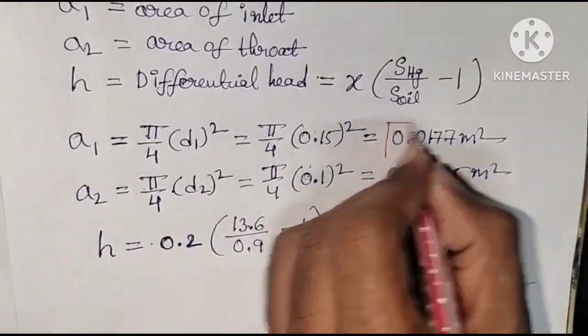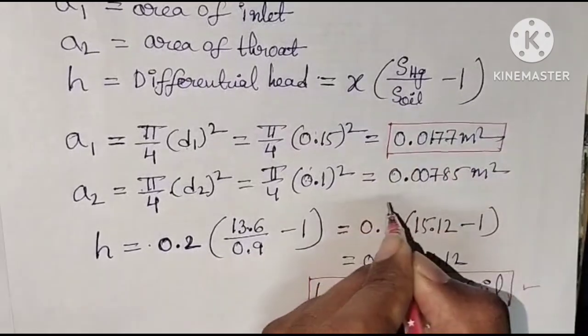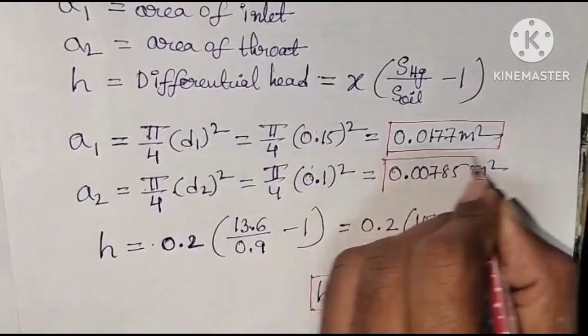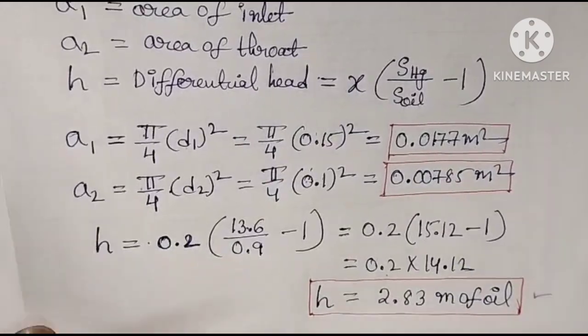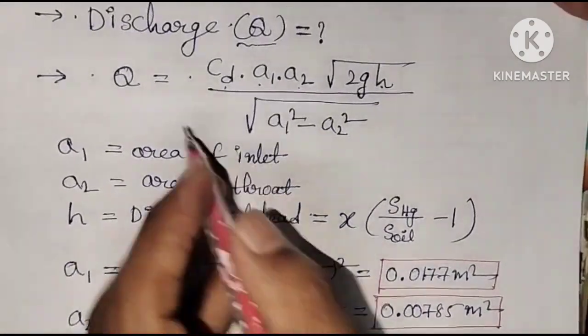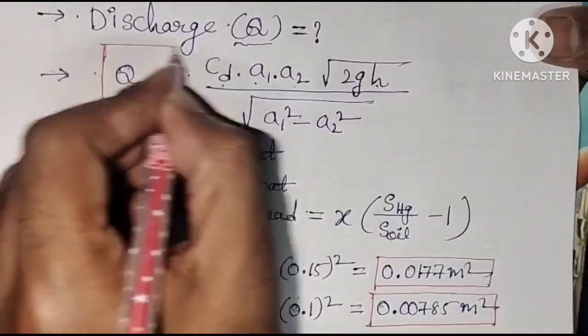And area at inlet is 0.0177 meter square, area of throat is 0.00785 meter square. Now substitute all the values in this formula.